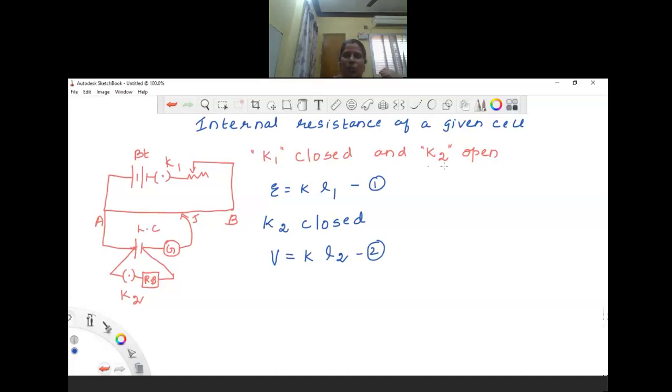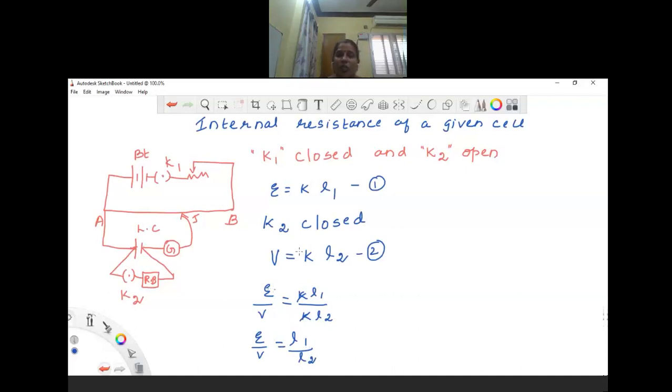First K2 open, then K2 closed. So we can write E by V is equal to KL1 by KL2. The K and K get cancelled. We will get E by V is equal to L1 by L2. What is this E?